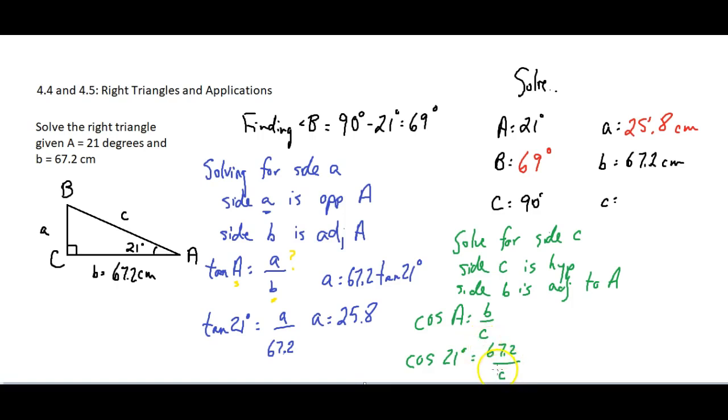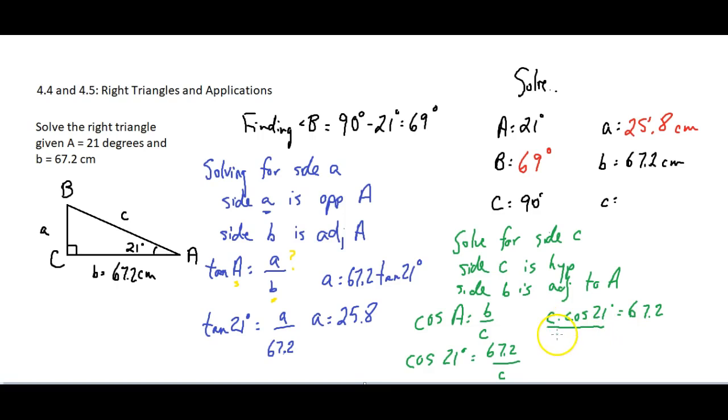Alright, when the unknown is in the denominator, this is a two-step rearrangement. So I would like to multiply both sides by C. This is going to get a little messy down here. So C multiplied by cos 21 degrees equals, and if I multiply this side by C, I'm eliminating C from down here, so that equals 67.2. Now I would like to just solve for C, so divide both sides by cos 21 degrees.